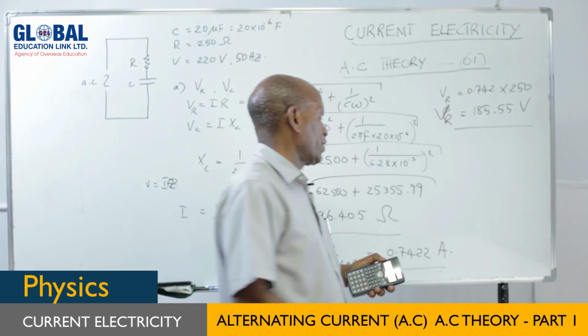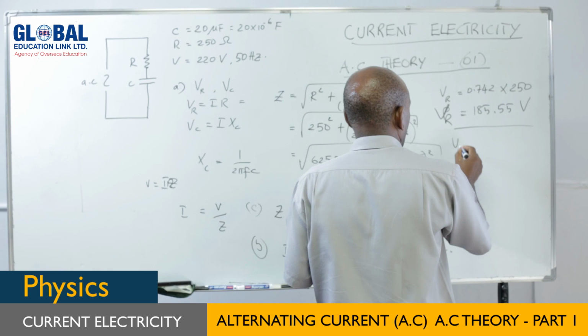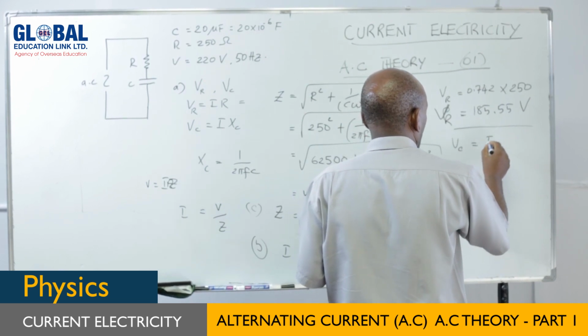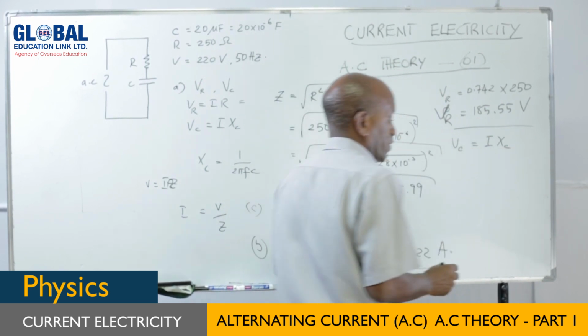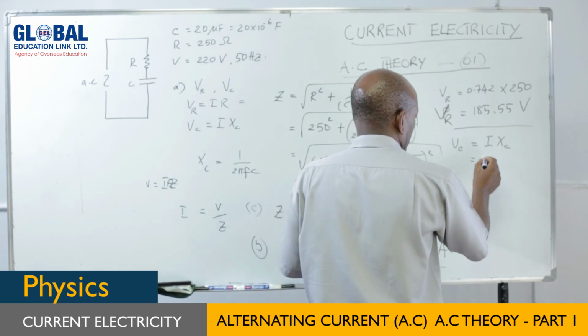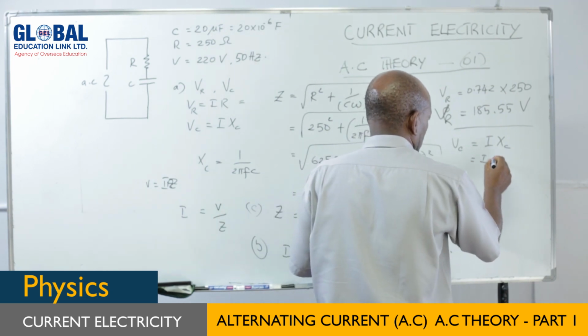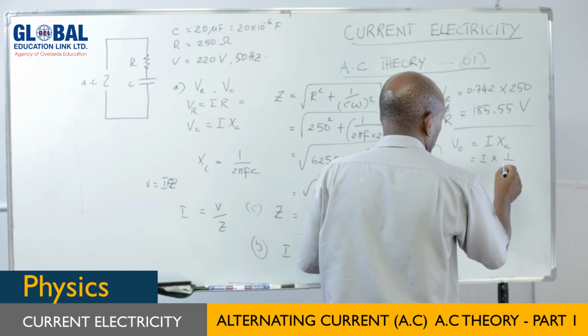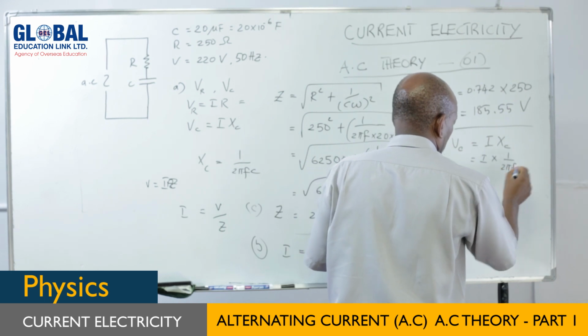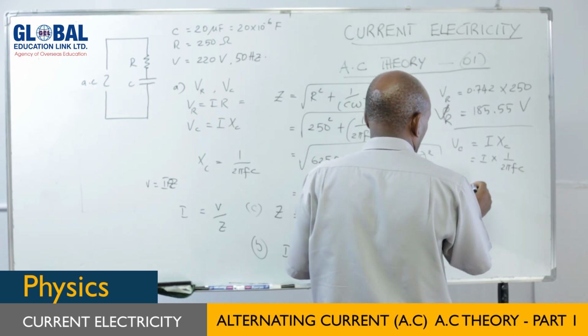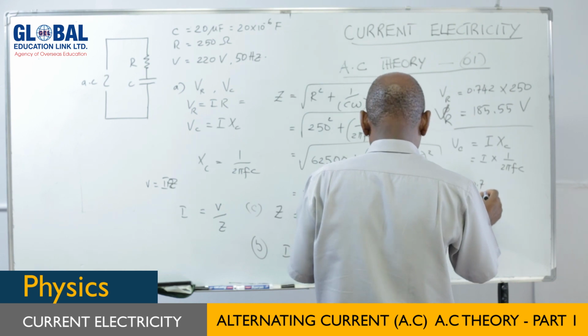Okay, let us look at the voltage through a capacitor. The voltage through a capacitor will just be equal to the current times the capacitive reactance. This will be the current times 1 over 2 pi F times C. The current there is equal to 0.7422.